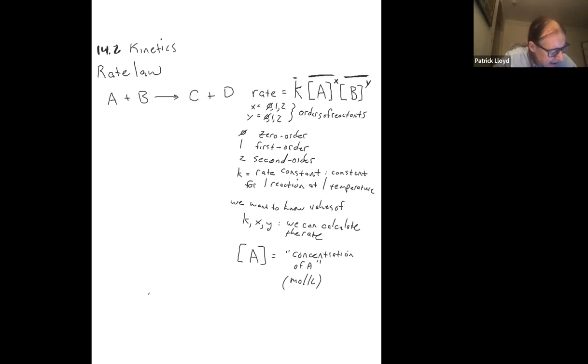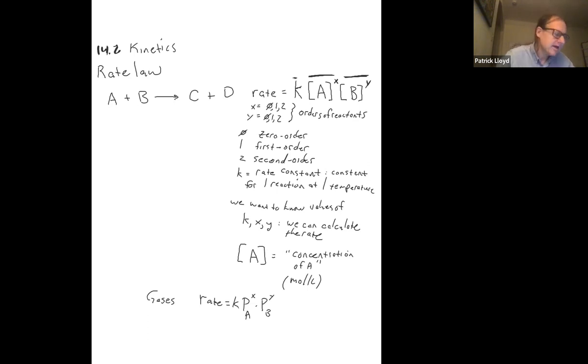If we're dealing with gases, then the rate is equal to a rate constant times the pressure of gas A to some value times the pressure of gas B to some value. So that's our background idea for the rate law.